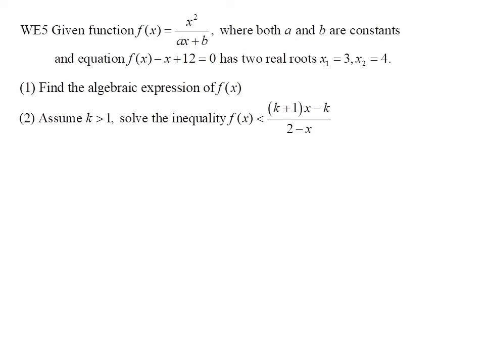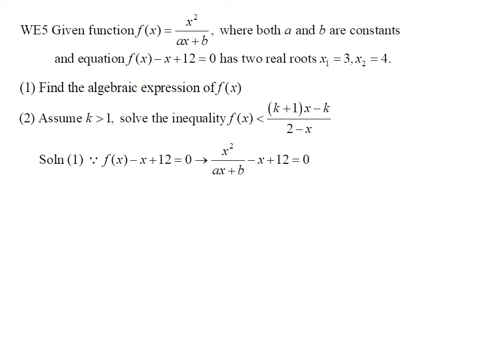There are two questions to follow. The first one is to find the algebraic expression of f(x), and the second one is to solve the inequality of f(x) less than the quotient of (k plus 1) times (x minus k) over 2 minus x, given that k is greater than 1.